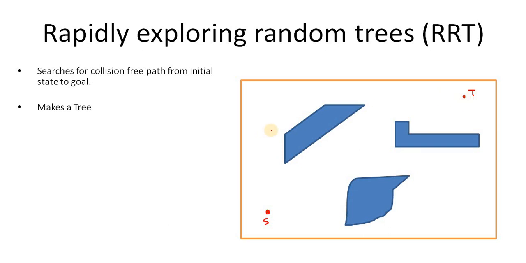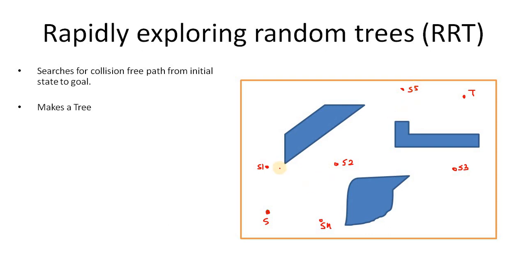And since it's a sampling based algorithm, it uses samples, for example S1, then S2, then S3, S4, and here let's say S5.